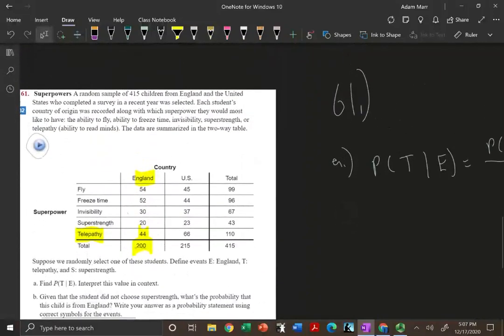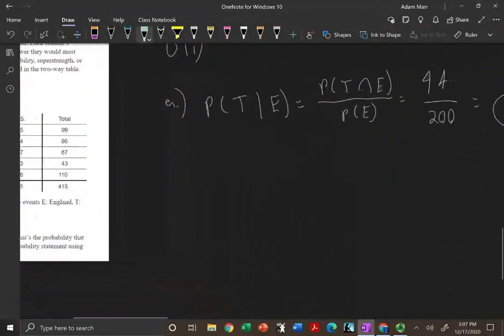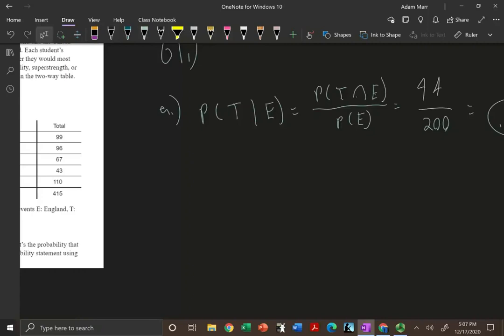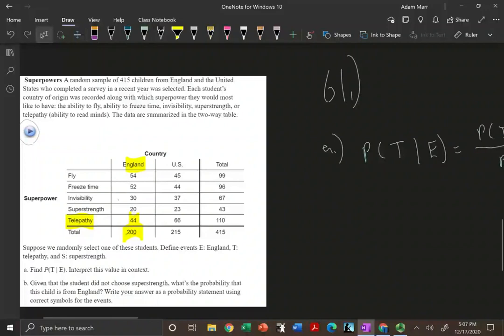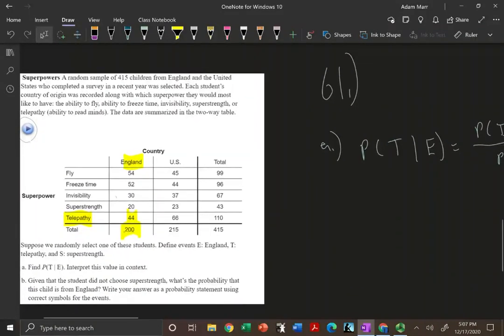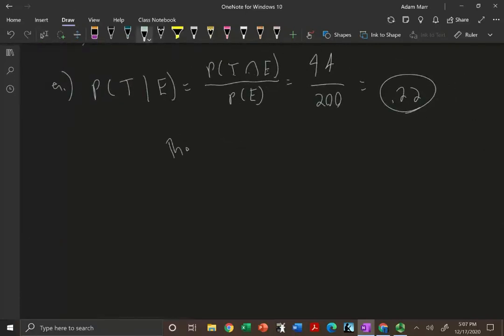So let's see here, right? We're taking a random sample of 415 children from England and the United States who completed the survey. So right here, remember, this is the probability that the superpower you would most likely want to have is telepathy, given that you are from England. So we're going to say over many random samples of students.